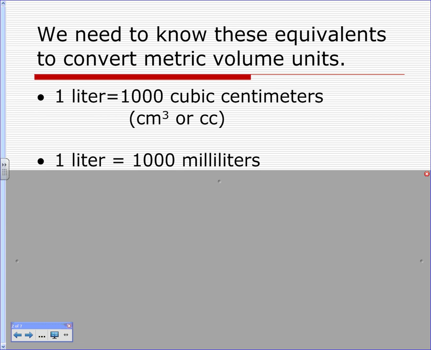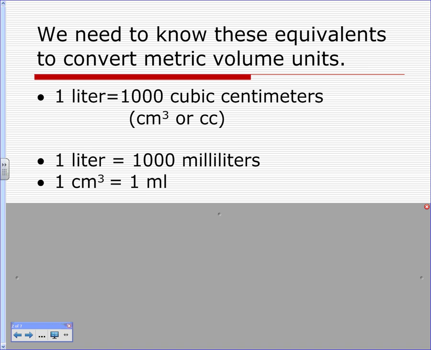One liter is also 1,000 milliliters. And then, obviously, because 1 liter equals both 1,000 centimeters cubed and 1,000 milliliters, 1 centimeter cubed equals 1 milliliter.